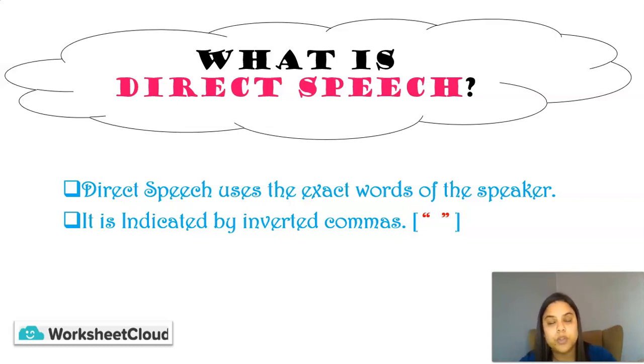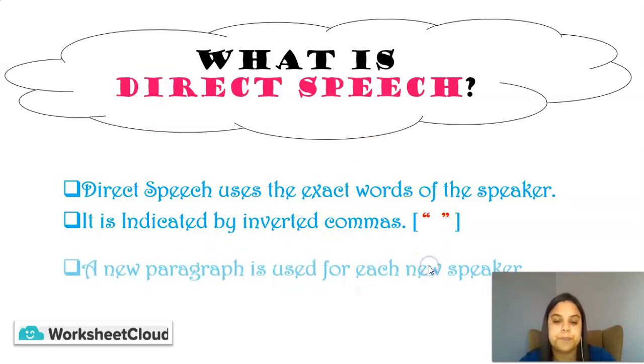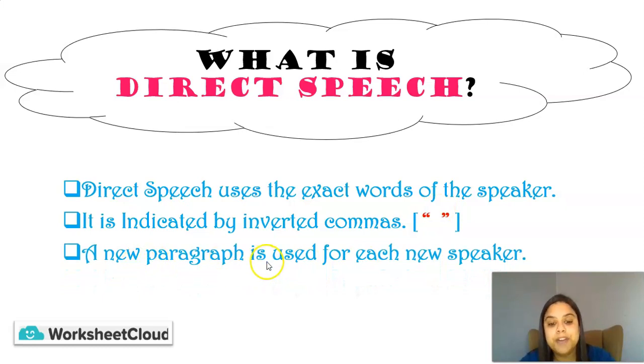If you were to tell it to your mommy now, you'd say, teacher said this is direct speech. And then it is indicated by inverted commas. A new paragraph is used for each new speaker. So this is what direct speech entails. You can see it by it having those inverted commas over there, and by the fact that it's the exact spoken words of the speaker.